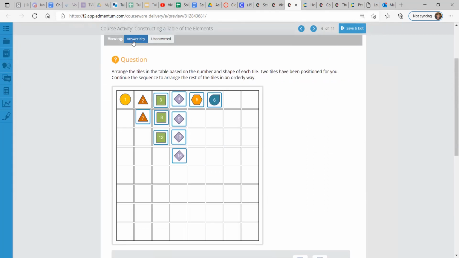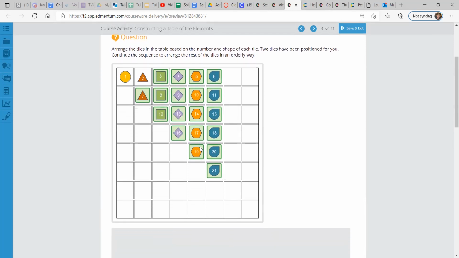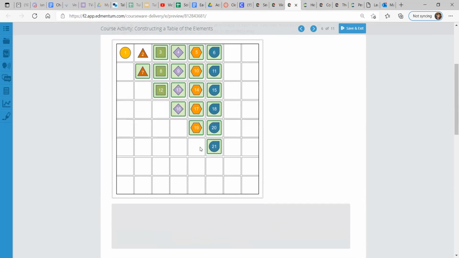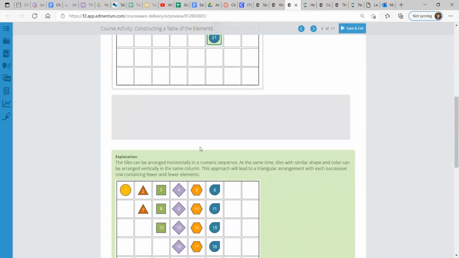And there's the answer key here. After we arrange everything by number and then shape, we end up with this triangular shape. The explanation here is the tile can be arranged horizontally in a numeric sequence.